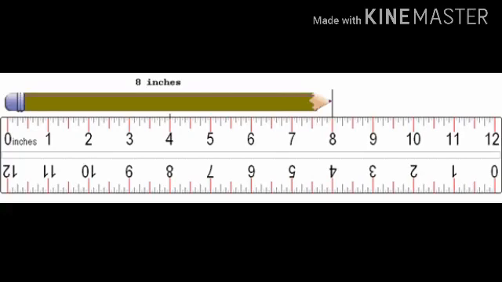Then count the number of centimeters till the end of the pencil, and from there count the number of small markings. Here the end of the pencil coincides with marking 8. There are no smaller markings. So the length of the pencil is 8 centimeters.